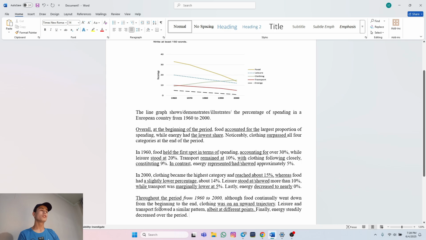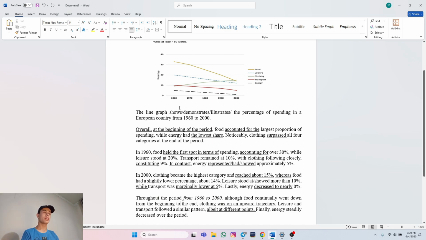Okay. Throughout the period means from this year to this year, like from 1960 to 2000. You can use both, but this one fits better, throughout the period. This is optional. You can add these to the sentences or just skip them.